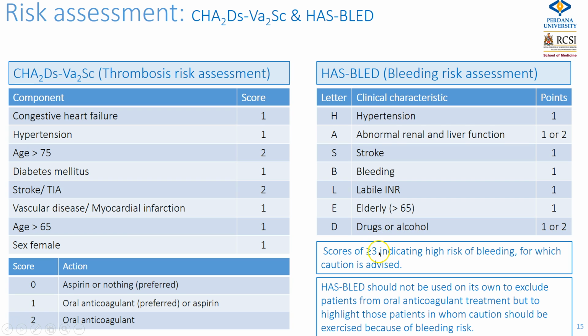A score of more than 3 indicates a high risk of bleeding for which caution is advised. You shouldn't use the HAS-BLED on its own to exclude patients from the provision of oral anticoagulant treatment, but rather to highlight those patients in whom caution should be exercised because of a bleeding risk. So you may be a bit more careful with their INR control.